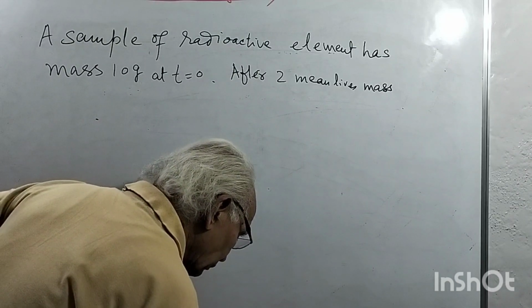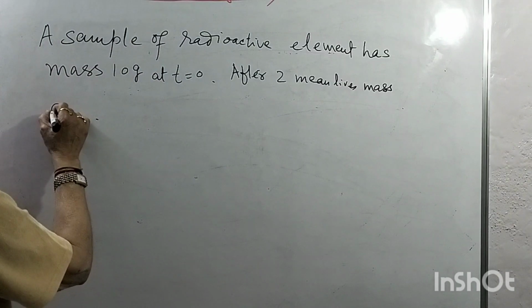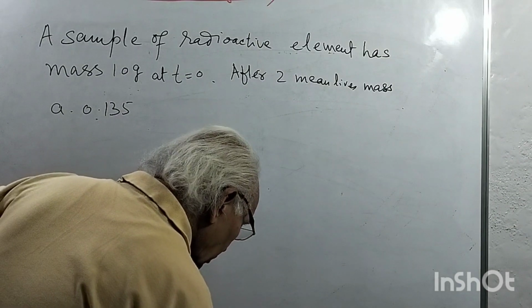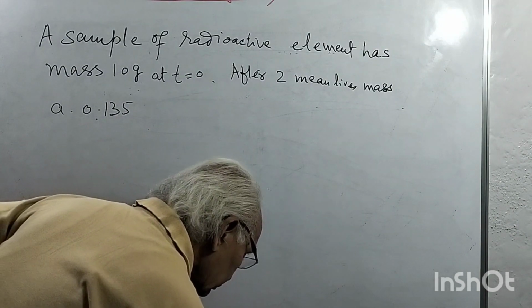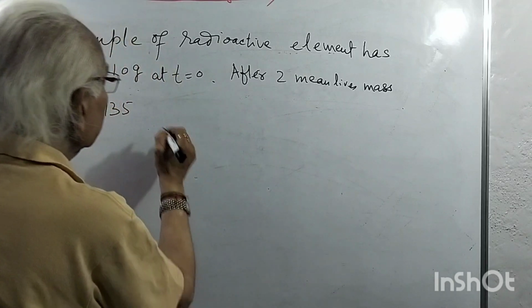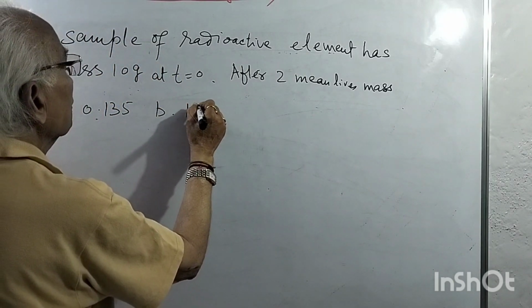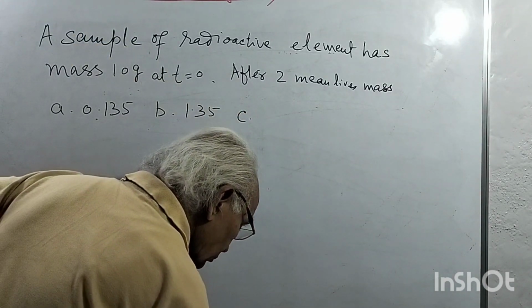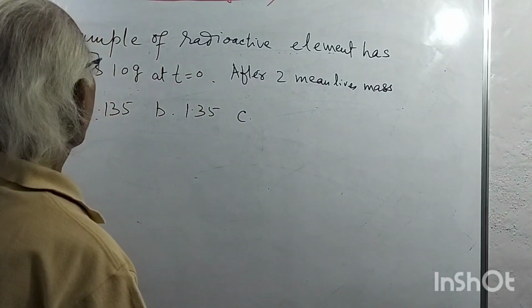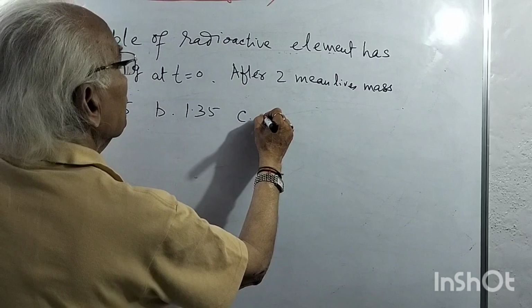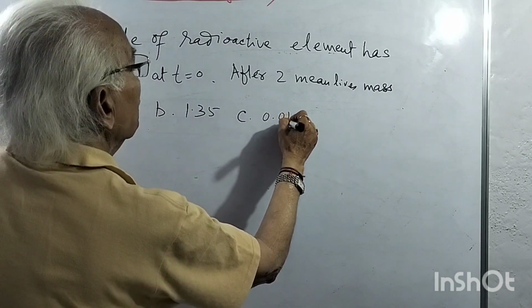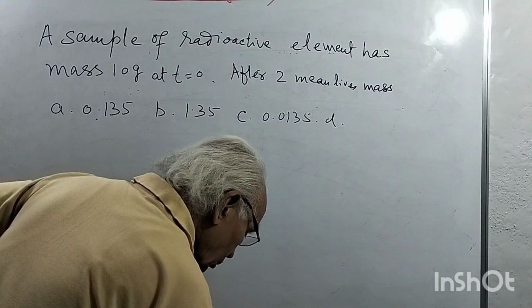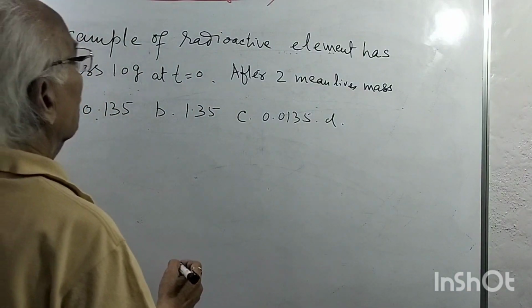After 2 mean life, how much will be there? A 0.135, B 2.5, 1.35, C 0.0135, D 2.5.